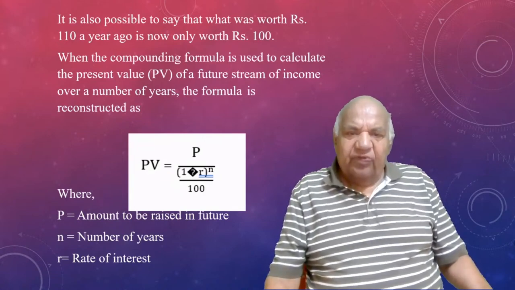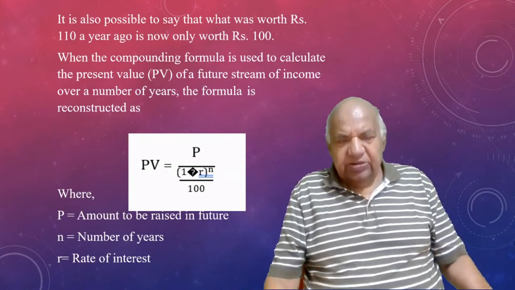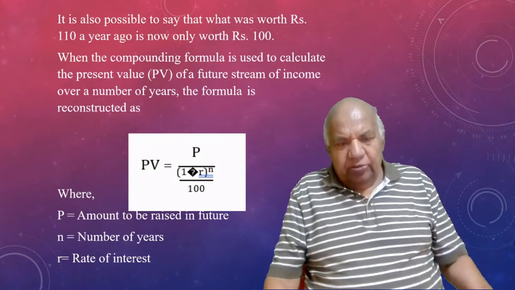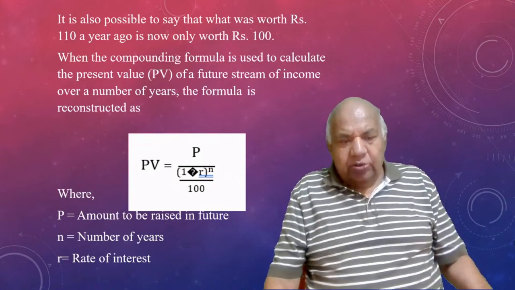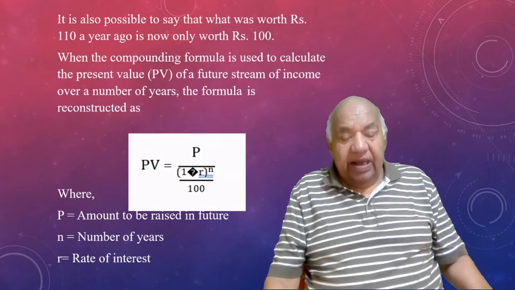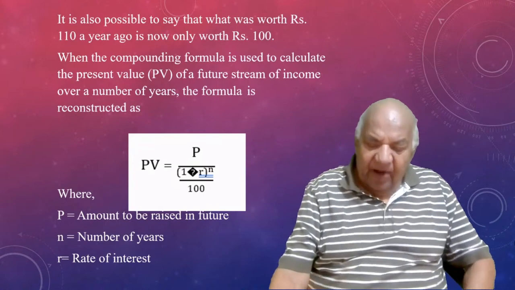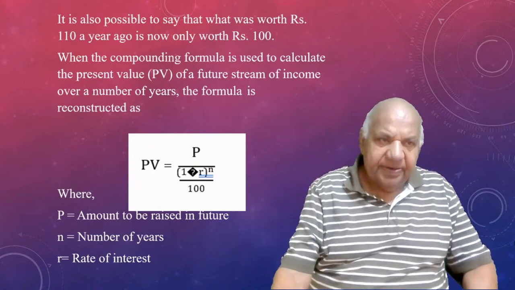When the compounding formula is used to calculate present value of a future stream of income over a number of years, the formula is reconstructed as present value equal to P, amount to be raised in future, divided by 1 plus R, rate of interest raised to n, number of years, and whole divided by 100.